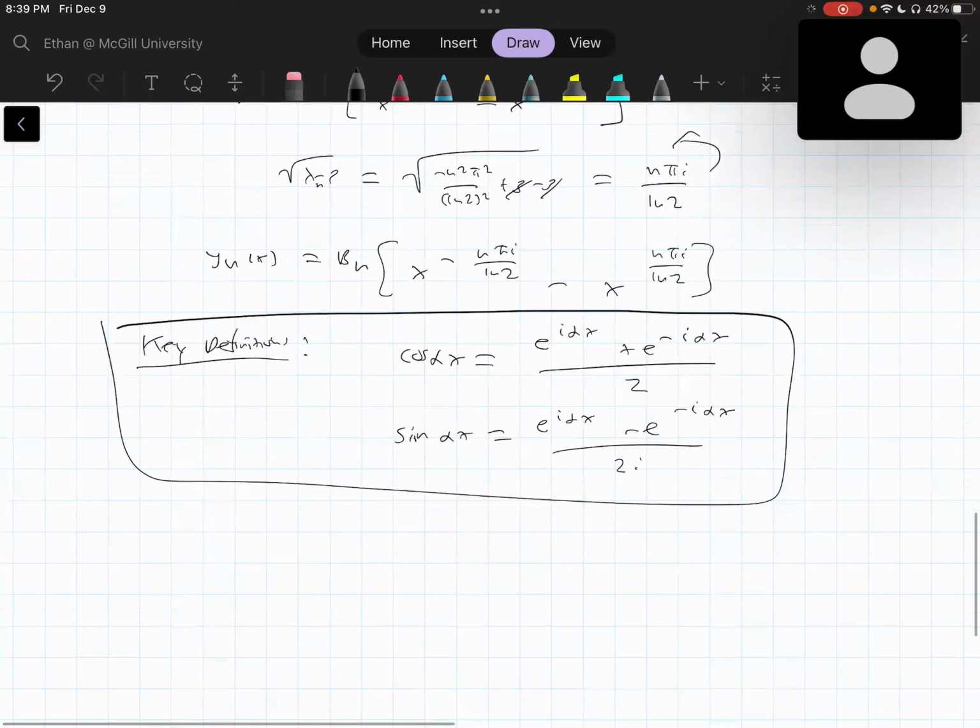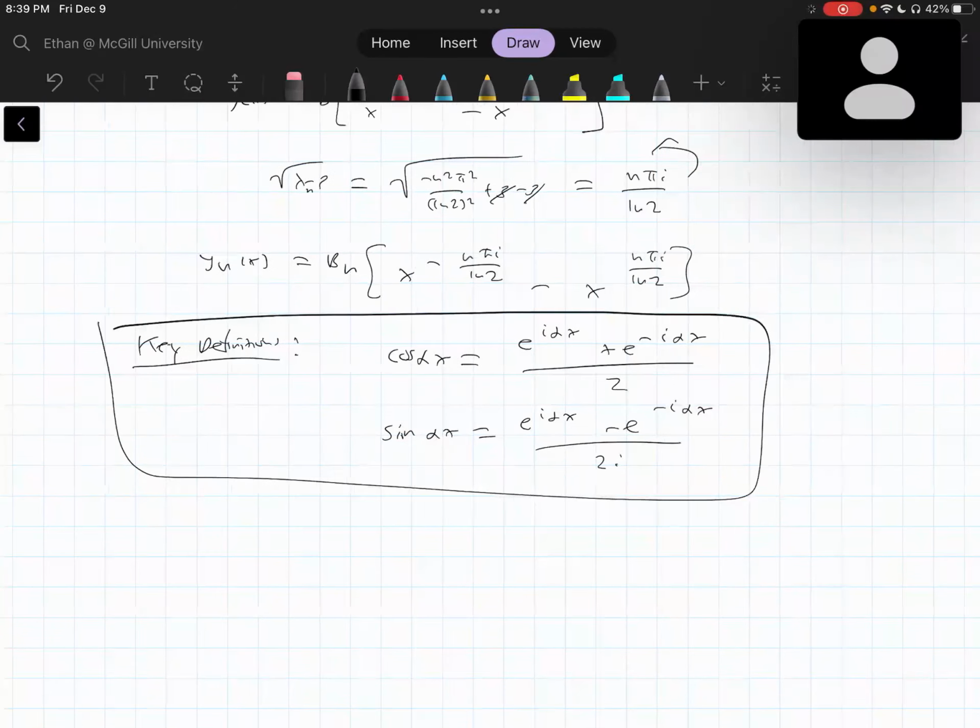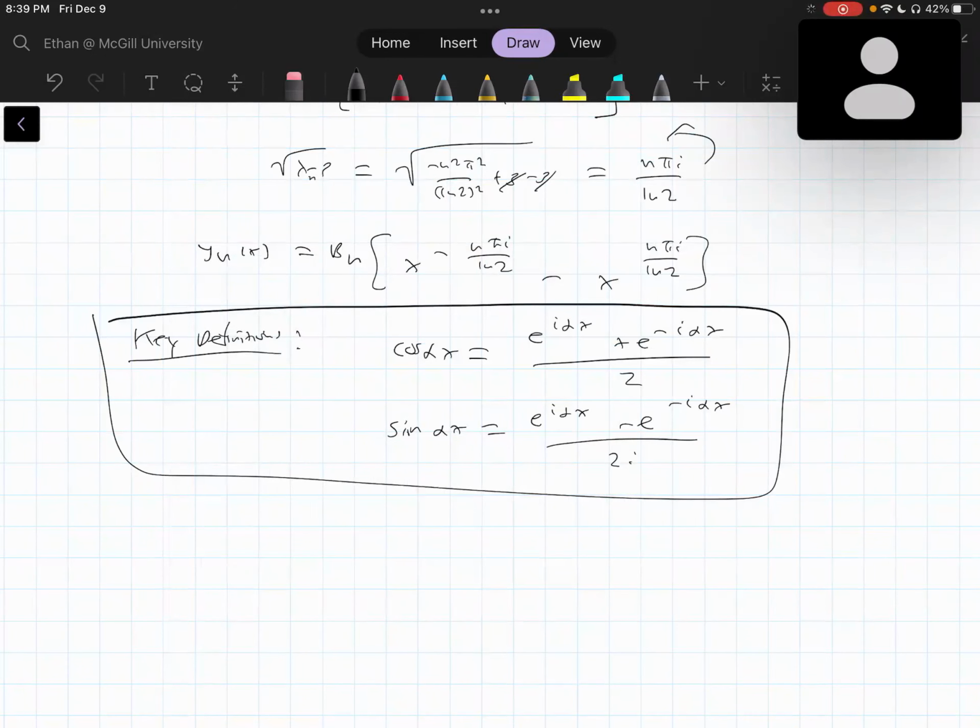So we're going to use this to try to simplify this eigenfunction expression into something which is easier to deal with.